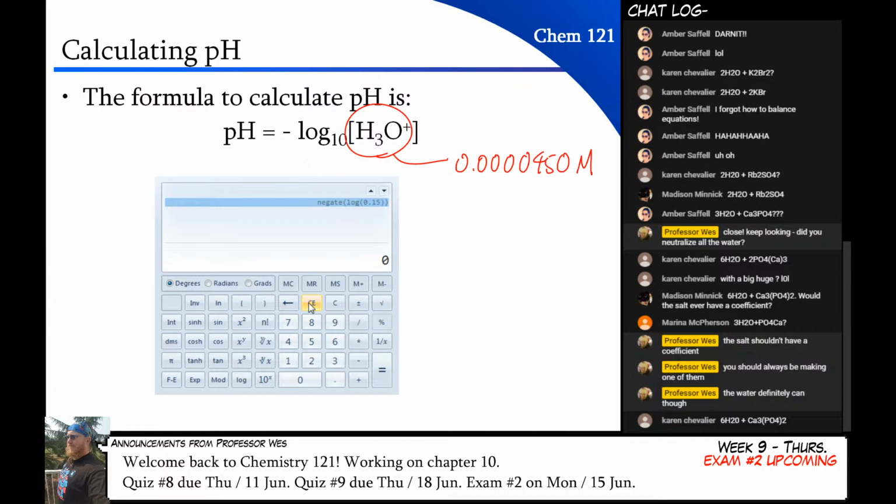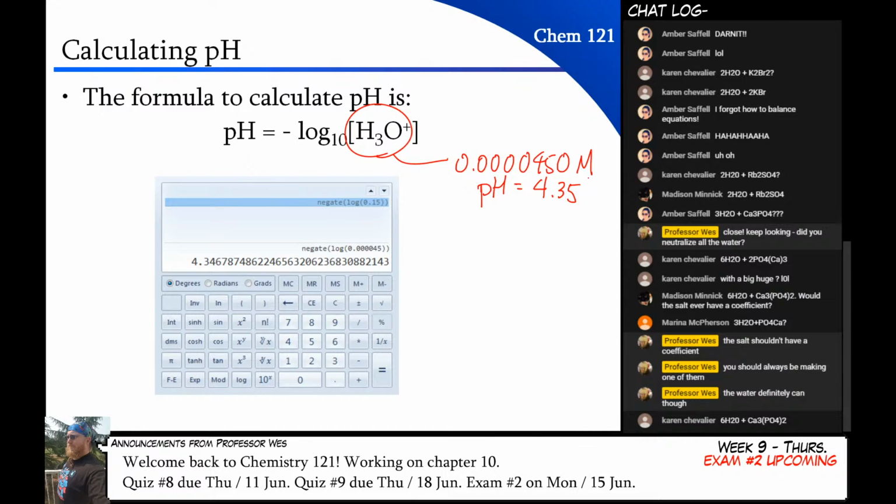So boop. And then we're going to type in 0.0000450. We'll hit log. Boop. And I'm going to flip the sign. Boop. And there you go. So this solution would be pH 4.35.